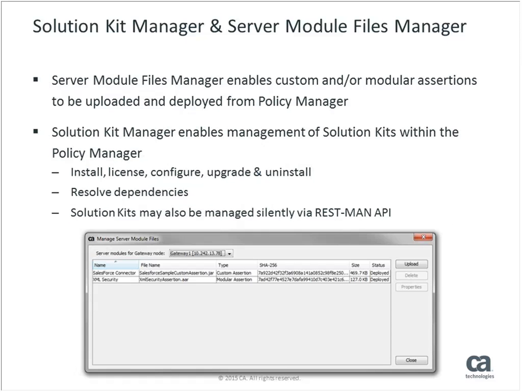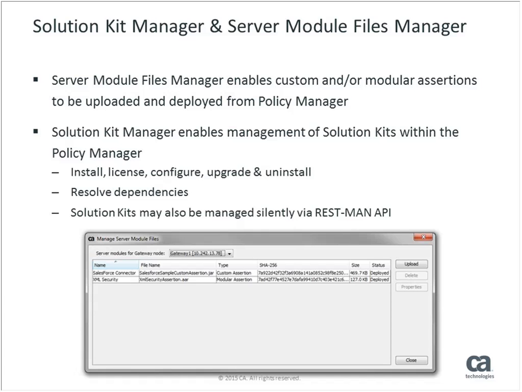So what do these things look like? What do the managers look like? Basically, these are GUI interfaces that belong inside the policy manager itself. The solution kit manager, as I mentioned, allows solution kits to be installed, licensed, configured, upgraded, and uninstalled.